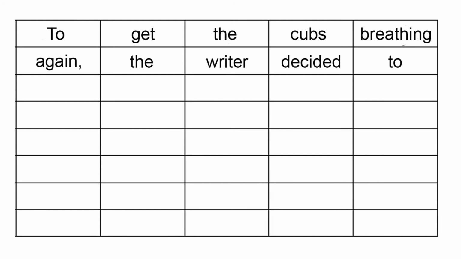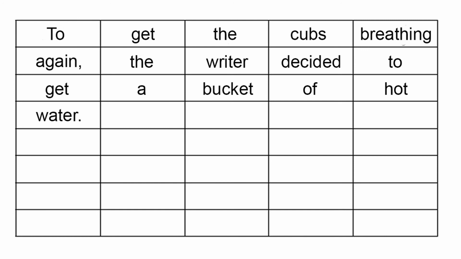So to get the cups breathing again, the writer decided to get a bucket of hot water. Okay, you see there, the full stop is written in the same box. Okay, please, I know you are writing in a box, so please do not leave out the commas and full stops. Okay, you must write them.